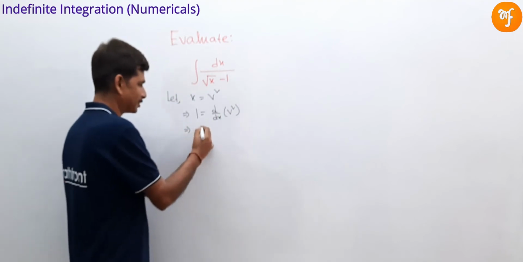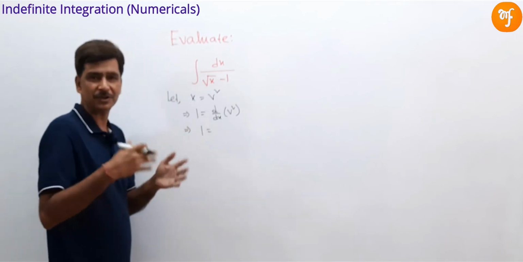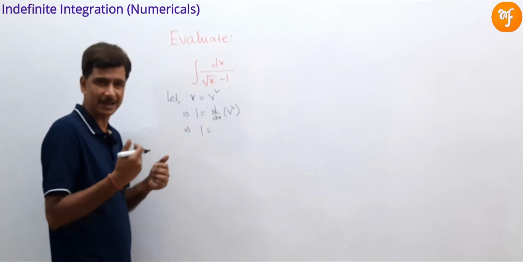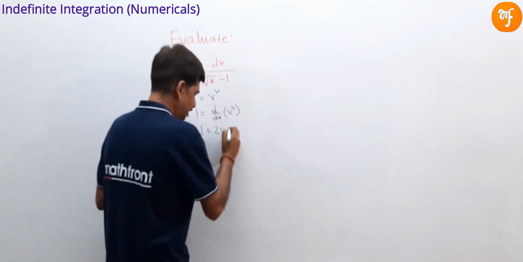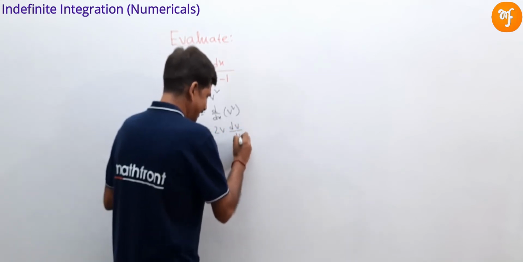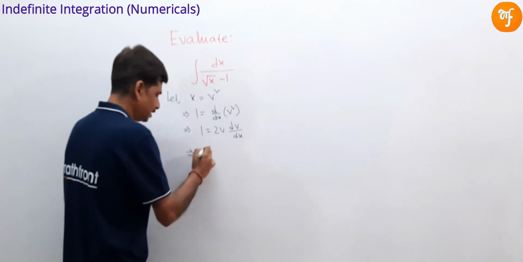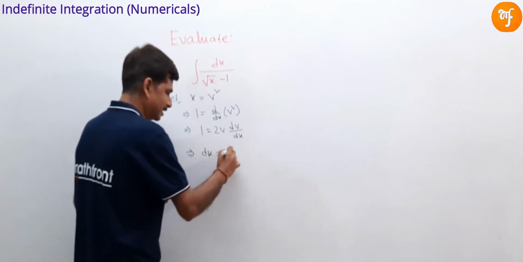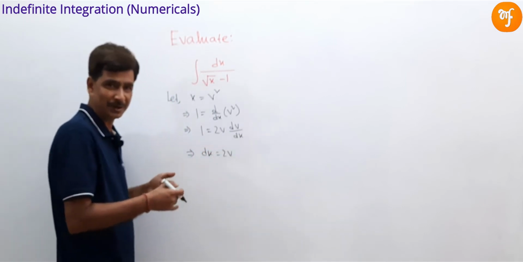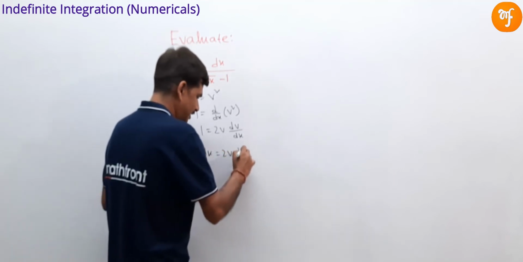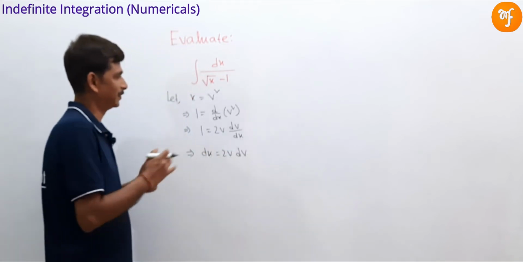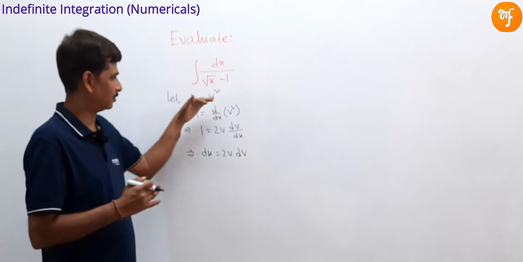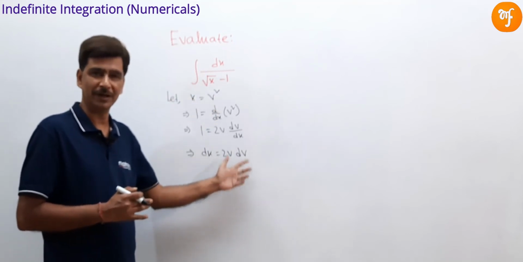Okay, so 1 equals d dx of v square, which is 2v into dv by dx. So from here we get dx is equal to 2v into dv. Okay. So if x is equal to v square, we get dx is equal to 2v into dv.